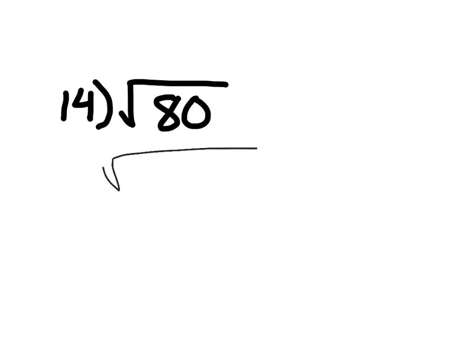All right, 14. What can we break 80 into? 8 and 10. There's more than one way to do it, right? We could break it down to 2 and 40, or 8 and 10. What can we break 8 into? 4 and 2. And what can we break 10 into? 5 and 2.